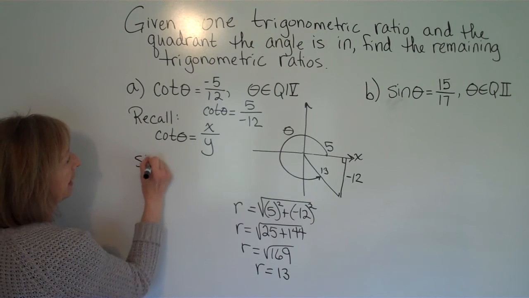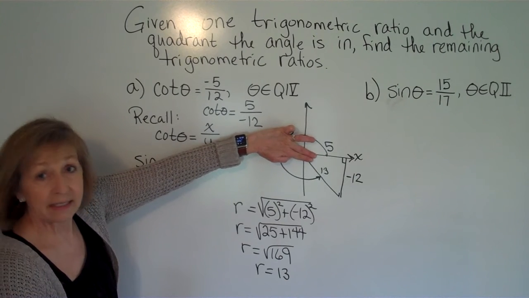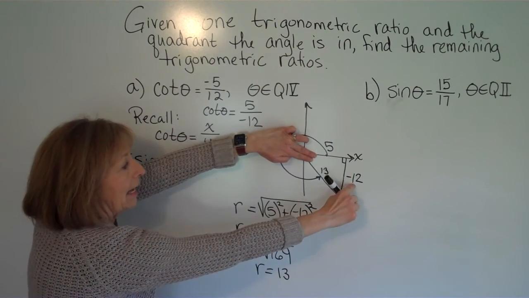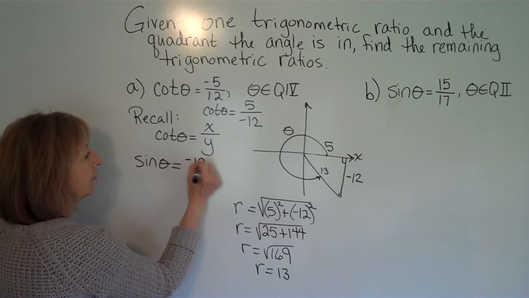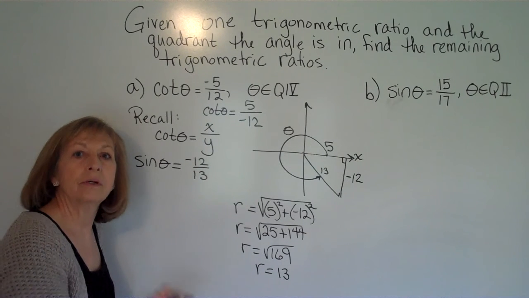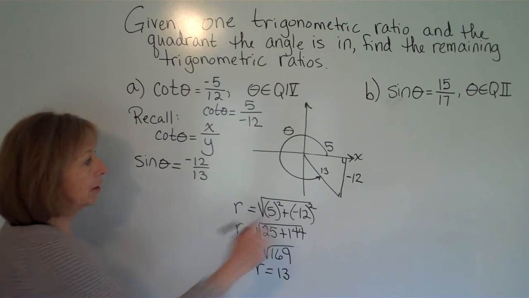So we know that the sine of the angle, which is the same as with our reference angle, sine is opposite over hypotenuse, so negative 12/13. Or we could go back to the definition with the xy plane, and sine of an angle is y over r.